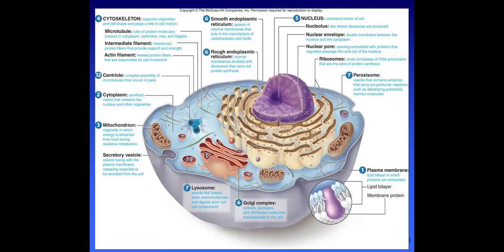Any foreign objects or substructures which enter into the cell, the peroxisome destroys them with its digestive enzymes. So detoxification is one of the most important functions of the peroxisome.